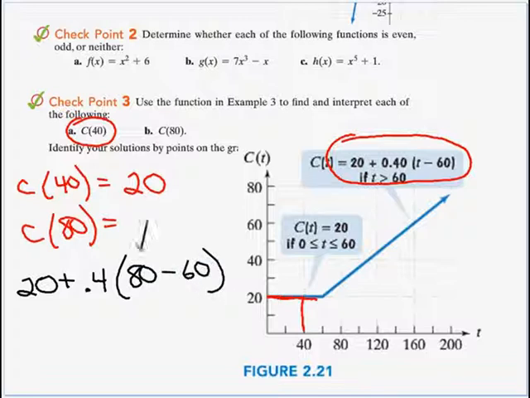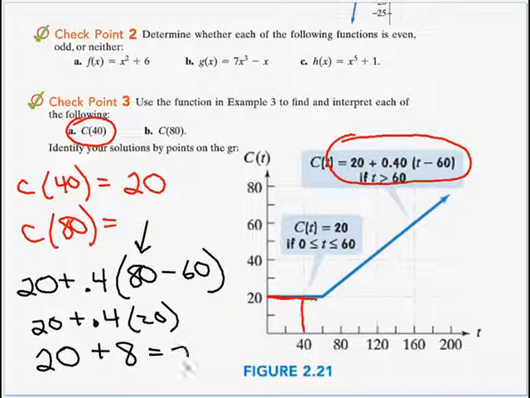Plugging in the 80 for the t. 80 minus 60 is 20. 0.4 times 20 is 8. 20 plus 8 equals 28 bucks. And we could check on a graph. If we look at about 80, it would be right about here. We'd go up, hit the graph, go over, good rough estimate. We're a little bit less than 30. 28's right in there, so that's probably a good answer.